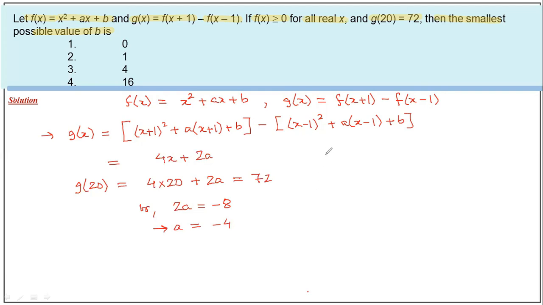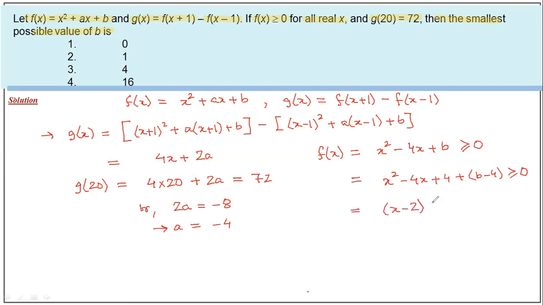So f(x) now becomes x squared minus 4x plus b, and it is given that f(x) is greater than or equal to 0, or we can write it like this: x square minus 4x plus 4 plus b minus 4 greater than or equal to 0, or x minus 2 whole square plus b minus 4 greater than or equal to 0.